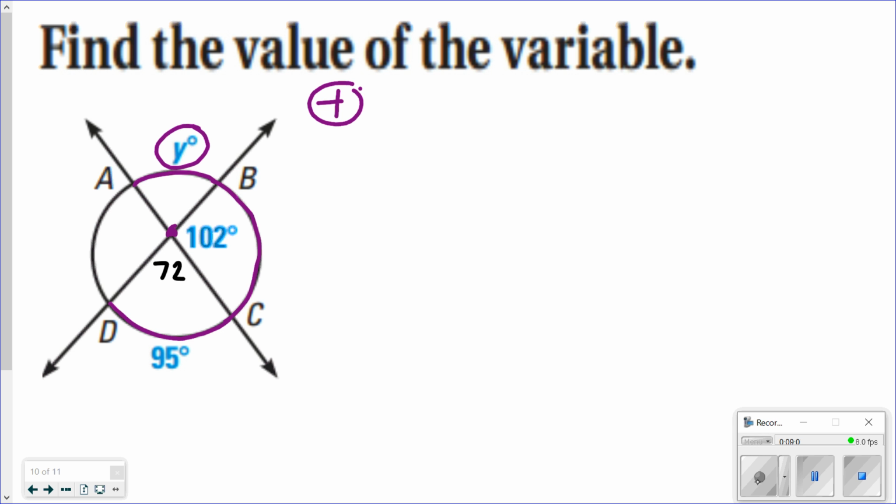So now that I have that missing angle measure, I can now use my equation. We know that 78 is equal to 1/2 the sum of my two arcs, and I'll say 95 plus y. So I need to solve for y.